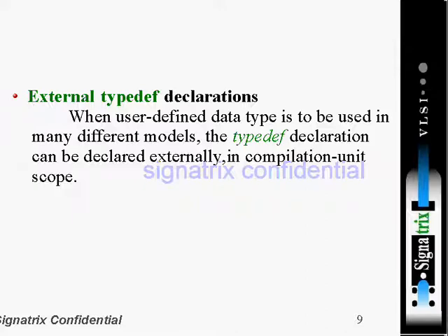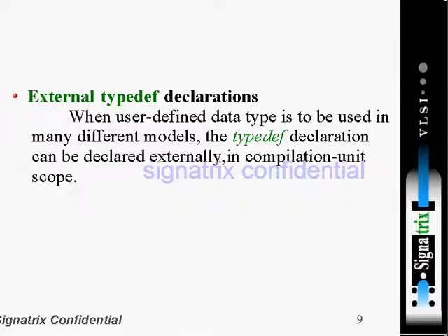So far we have seen, if you want to use it inside a particular interface or module, in that case you can declare it as a local typedef. But if you want to use the same thing in many modules, then you declare it outside, and that too in the compilation unit scope.